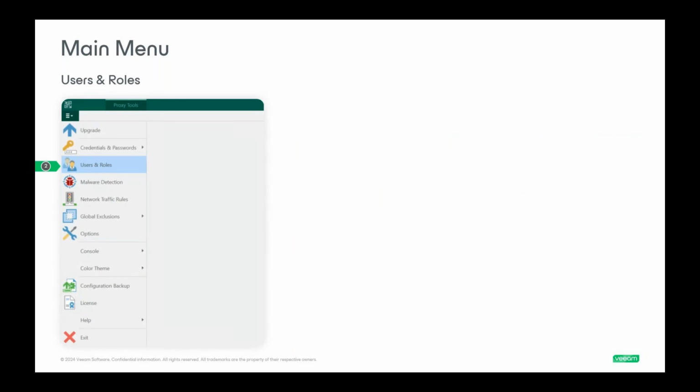Let's go through the users and roles category here. So from the main menu, we'll go to users and roles, and we will see the security tab and the authorization tab. By default, you'll see a built-in administrators. That's going to be pretty much the first thing you're going to see when you load Veeam for the first time.